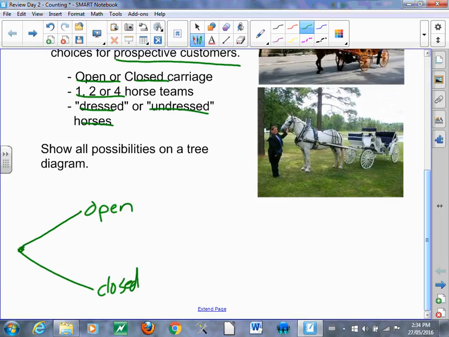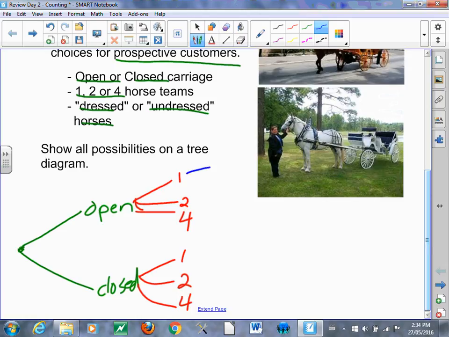Then we'll take a look at the number of horses, which will change to a different color. So you could have the number of horses be 1, 2, or 4. And then last, you could have dressed or undressed. I'm going to change color again.